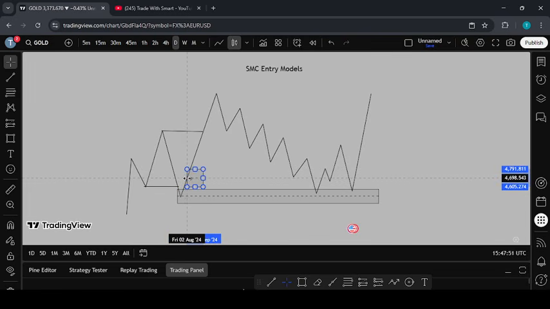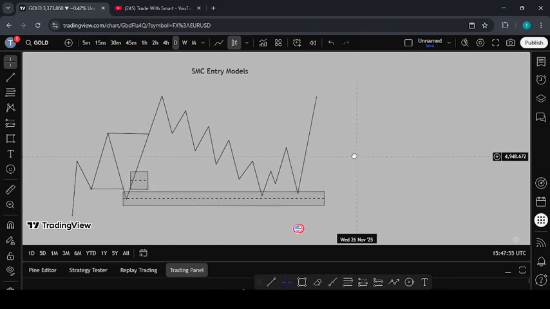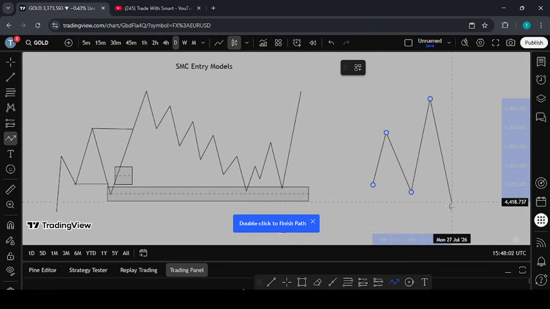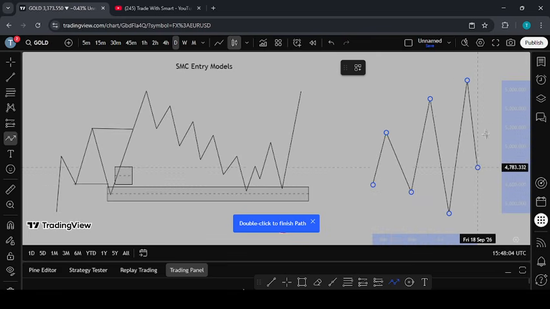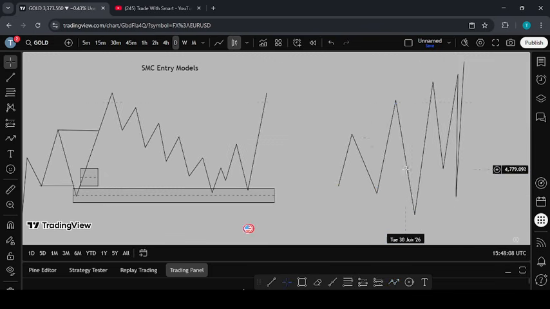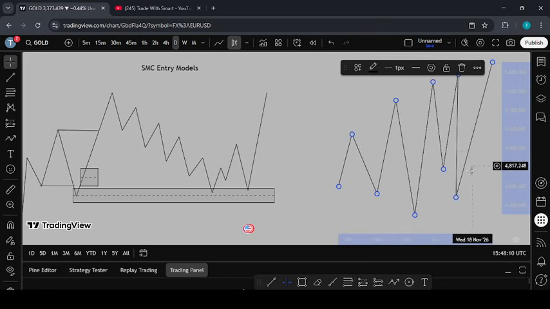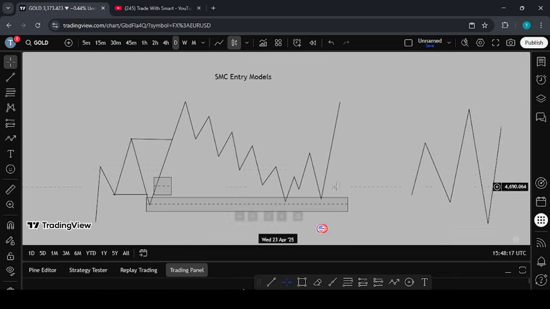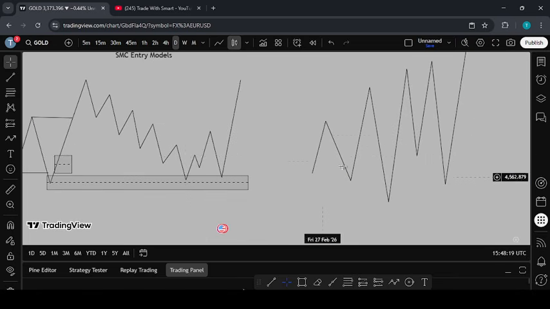After the market creates that impulsive move and this fair value gap, you might be looking for the entry model you've been taught several times in order to take a buy, but the market is not playing out like that, and you don't know there are other models in SMC that you can trade. You would not know how to take a trade.